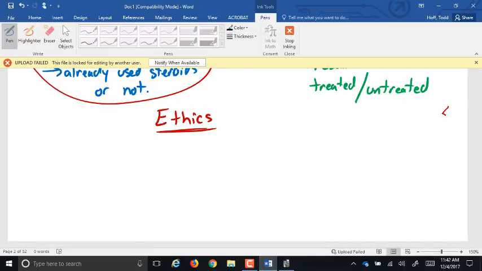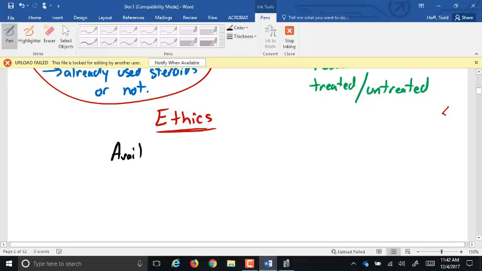Now, another decision is usually the availability of existing subjects.